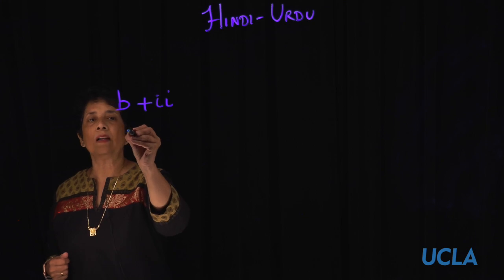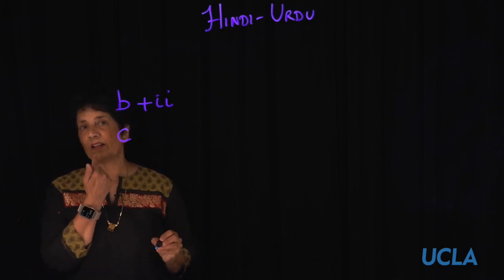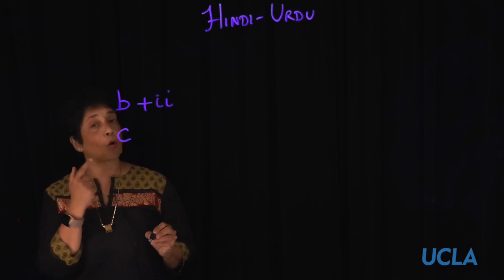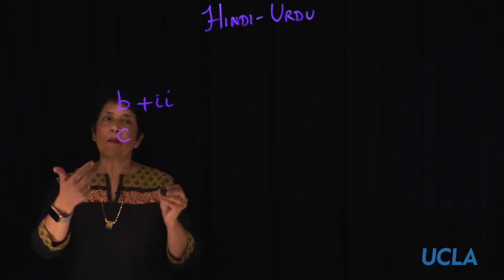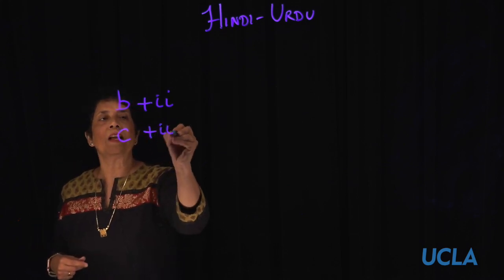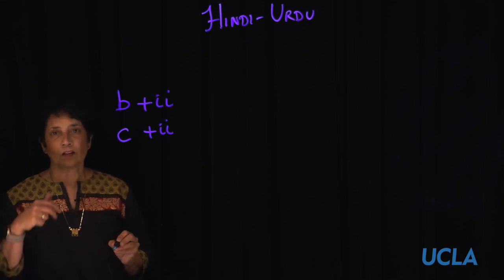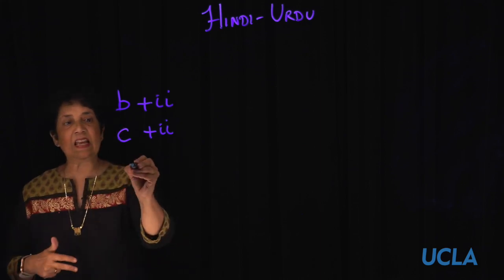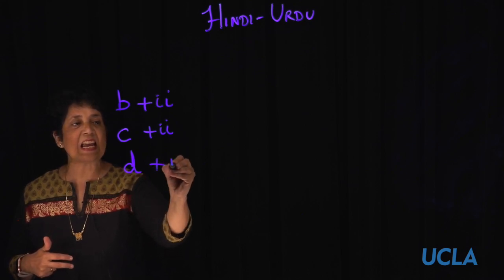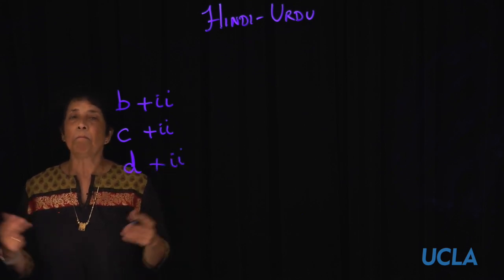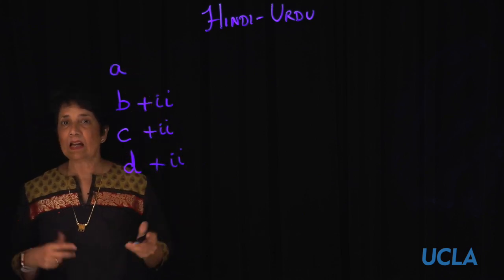The next one is C. So again, there is a blockage of the airflow, though not complete. So we get S, and we release the vowel with an E and we get C. So you get B, C. Similarly, you get D.